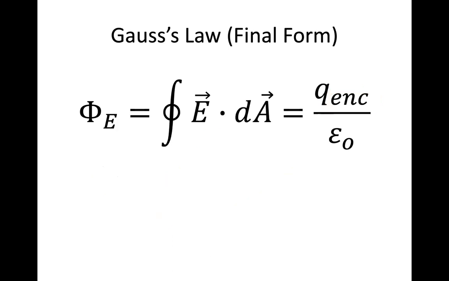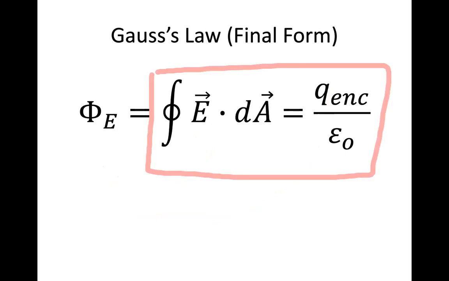Usually, the way physicists use Gauss's law is to look at these two things, right? Because usually the things we're speaking of are electric fields and charges. So we're going to focus on setting those two things equal to each other.